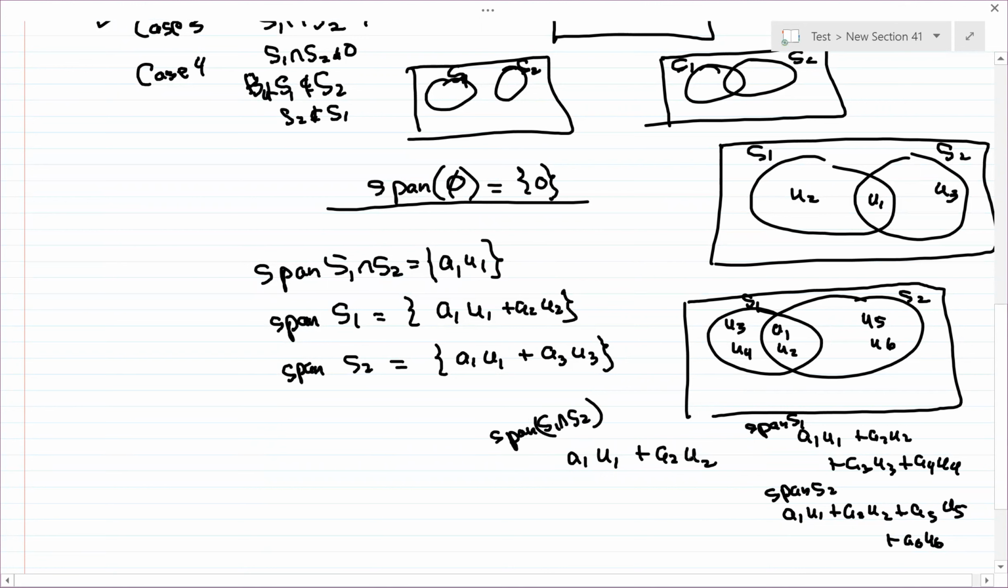And what you're trying to show is that everything in here is in this one and in this one. But it's again pretty clear because this A1 U1, A2 U2 is right there. And if you just pick A3 and A4 to be 0, that would get you that all of these guys are in the span of S1. Similarly, all of these guys are in the span of S2. Just pick A5, A6 to be 0 and you recover it. So what I'm arguing is the original argument that I gave for this works for this and works for anything in general.